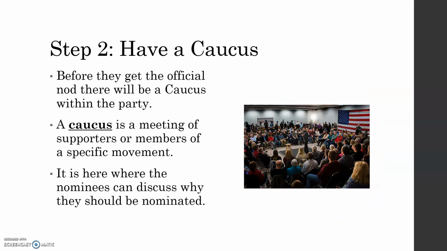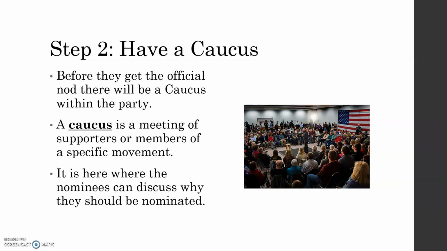Moving forward, step 2, have a caucus. A caucus is simply a meeting of supporters or members of a specific movement, in this case, a political party. So your political party would meet and discuss how you guys are going to do this. Because anybody can nominate anybody, but do they really legitimately have a good shot?